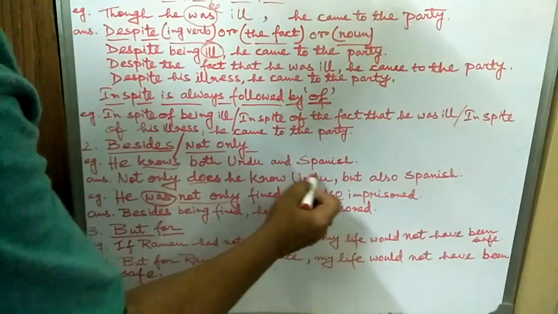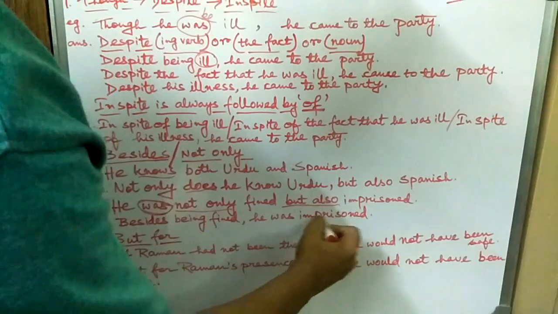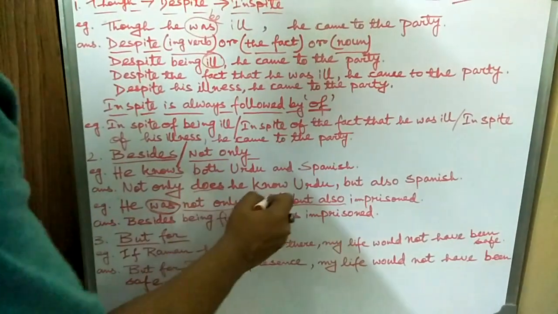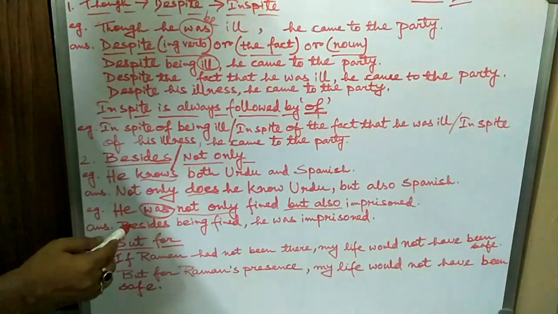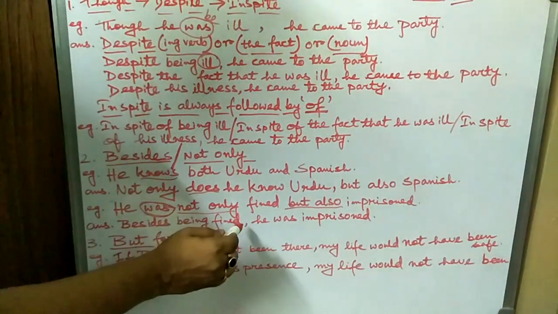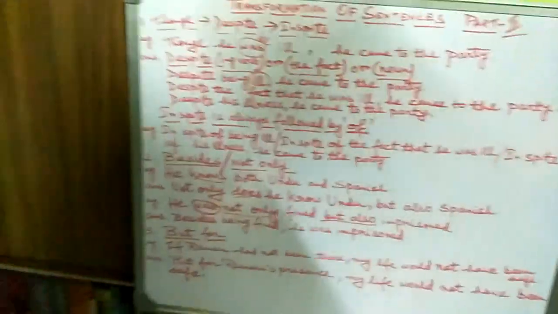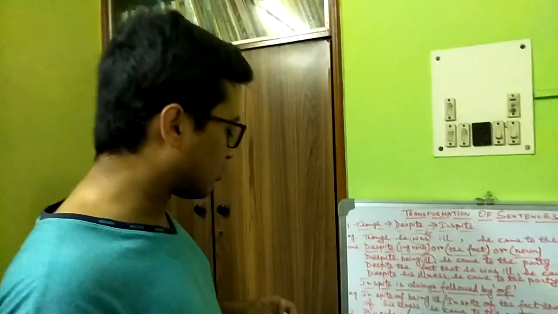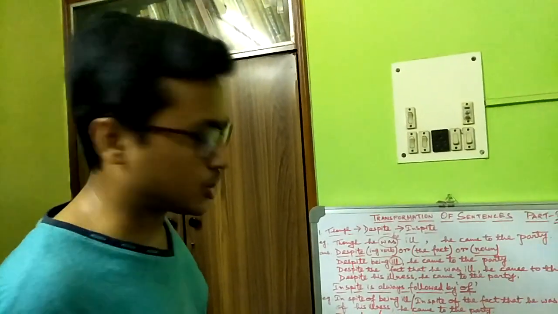He was, then remove but also and finish the sentence. Imprisoned. So he was not only fined but also imprisoned will be changed into besides being fined, comma, he was imprisoned.